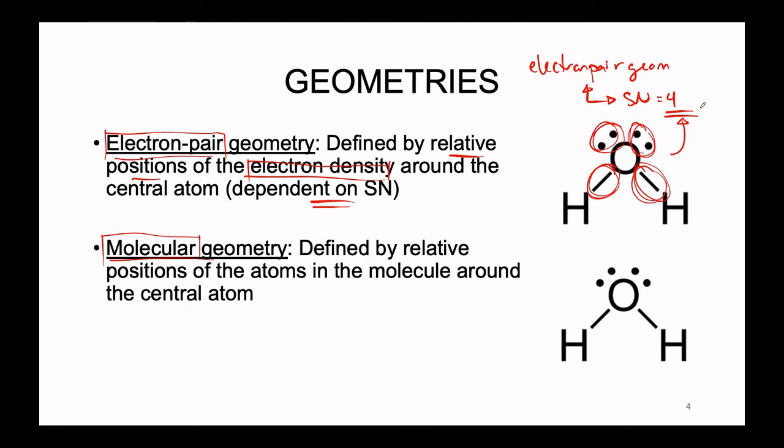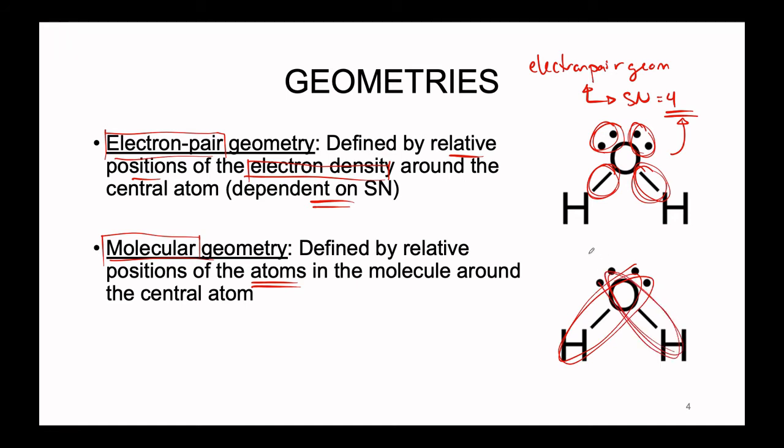All right, the molecular geometry is defined a little bit differently. The molecular geometry is defined specifically by the positions of the atoms in the molecule around the central atom. So lone pairs will help to guide and repel these particular atoms into certain positions. However, the molecular geometry is only going to be paying attention to the locations of the atoms relative to the central atom.